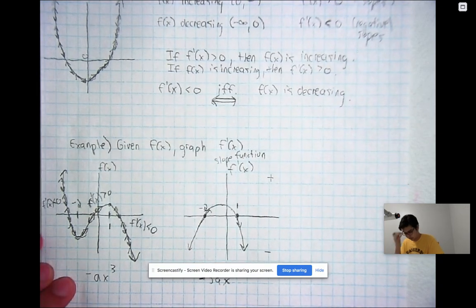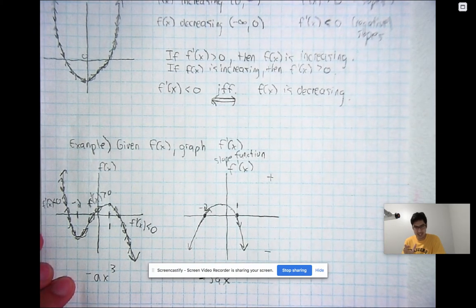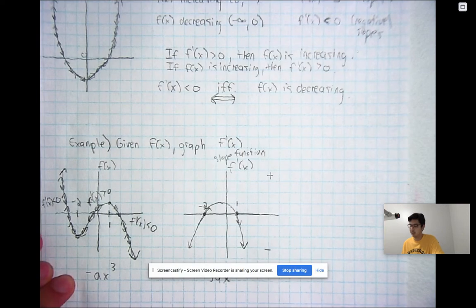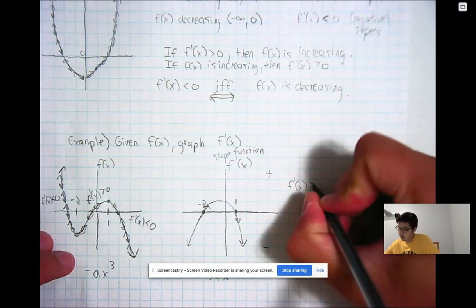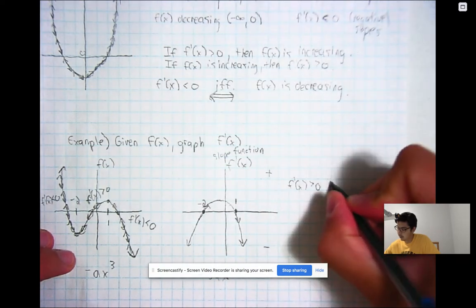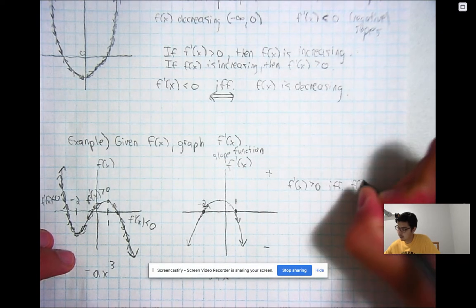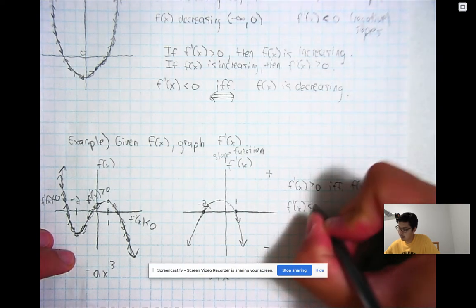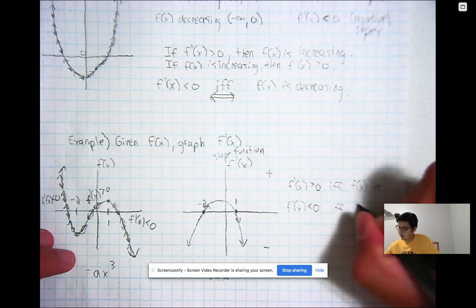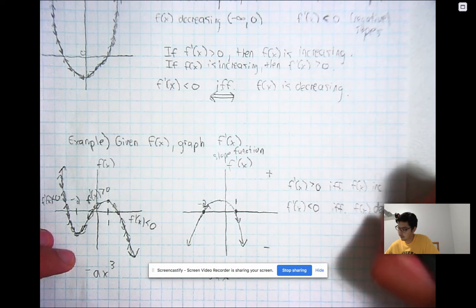So that's the key point I want you to take away from this lesson: f prime of x is positive if and only if f of x is increasing, and f prime of x is negative if and only if f of x is decreasing.